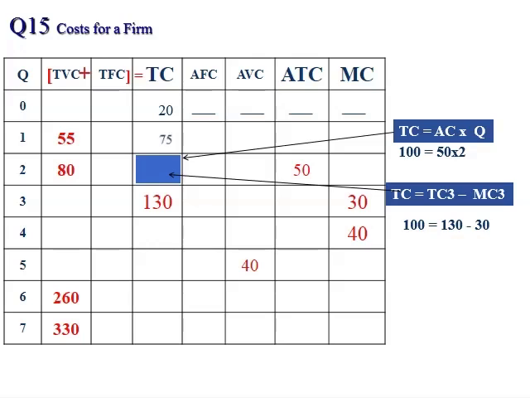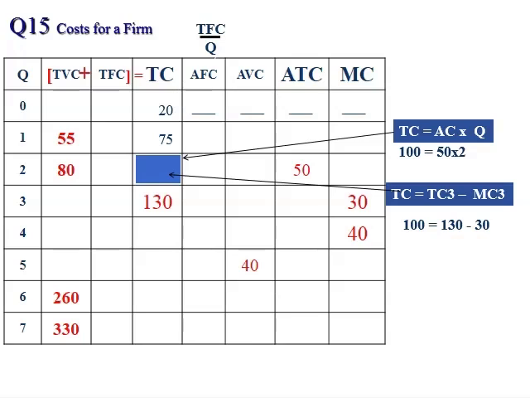Of course it's 20. And then you know fixed costs don't change when quantity changes, so now you have that column completed. At zero output, you know there are no variable costs, so you can work out the value of total costs here at 20.